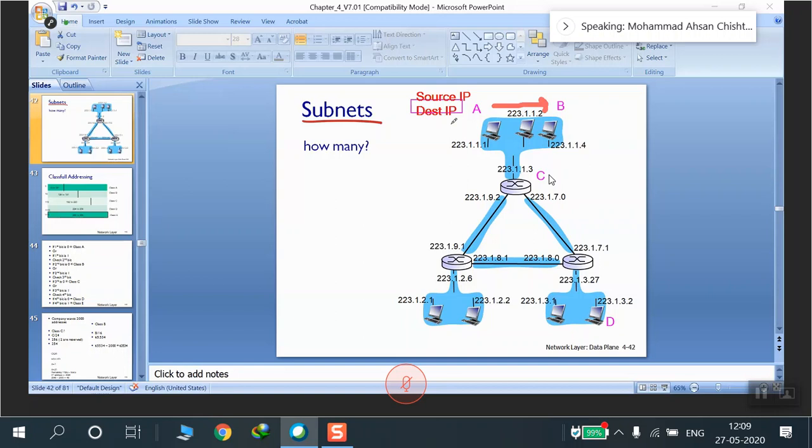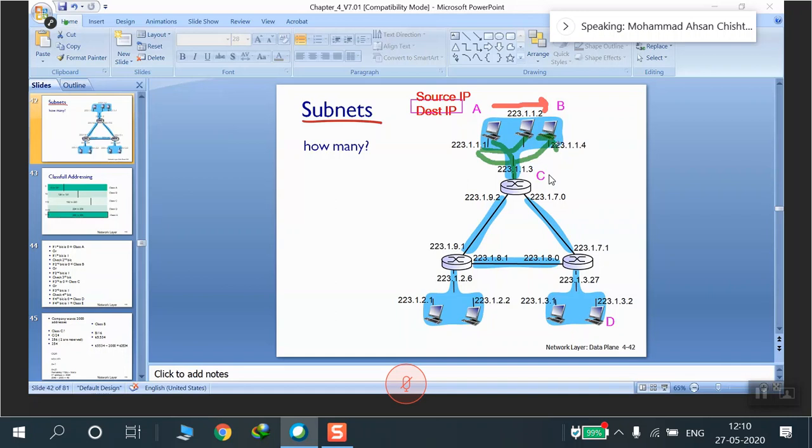It uses ARP. With ARP, it then puts in the MAC physical addresses, and then it broadcasts the packet. So once it broadcasts the packet, it goes to C, it goes to this one, as well as to the third one, that is B.